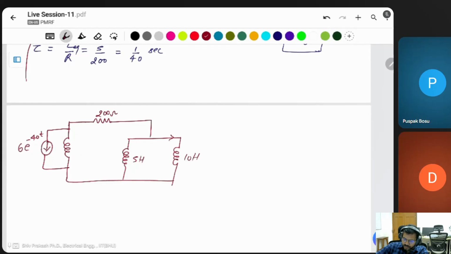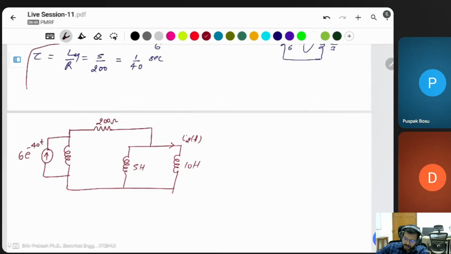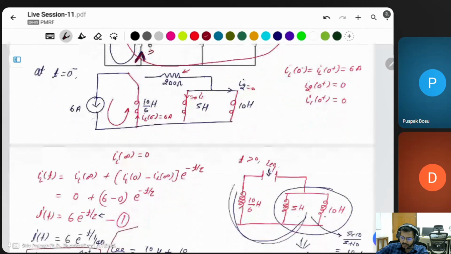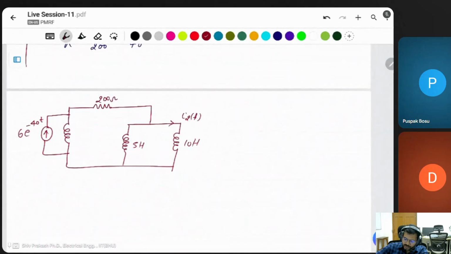This is the I2. Oh, sorry, the direction is above because the current is flowing in the above direction. Then we have to put this direction. This same current is flowing through this one also. This current is 6 e to power of minus 40t.